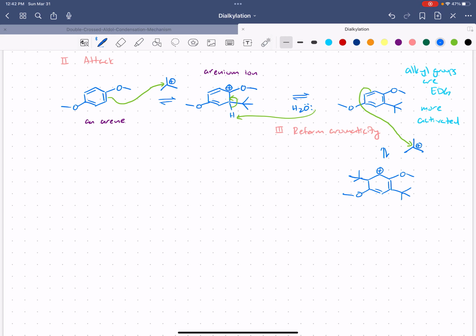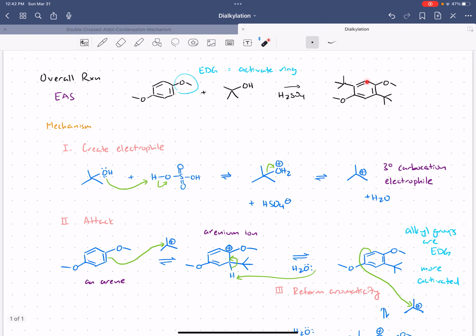Okay. The next thing to decide is which hydrogen to remove. Okay, are we going to remove the hydrogen that's on this carbon here, or are we going to remove the hydrogen that's on this carbon? Well, look at the final product, right? The final product, this hydrogen is still there. It was this hydrogen.